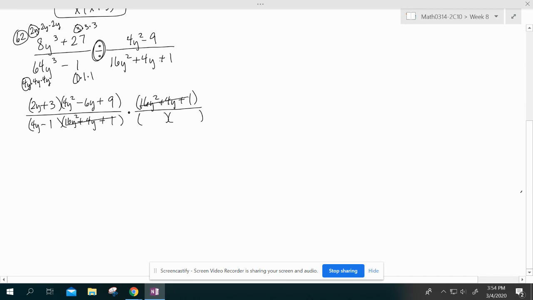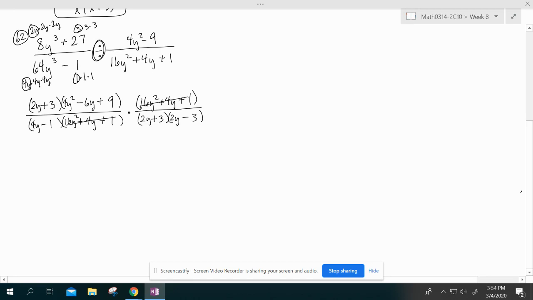Now we can finish the job. We have the difference of two squares, which has different signs. And then I need you to fill in the blanks. 2y and 2y make a 4y squared. 3 and 3 make 9.